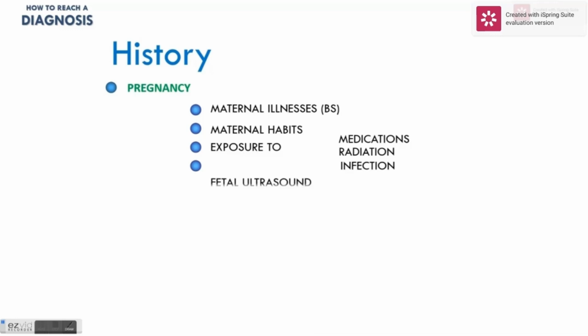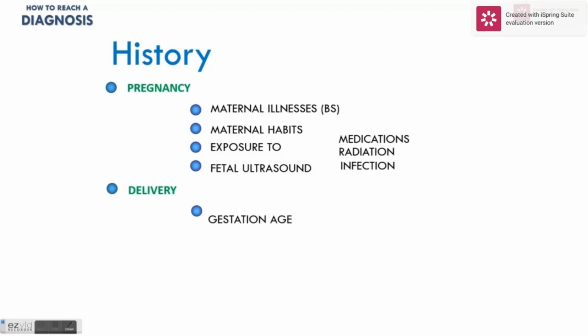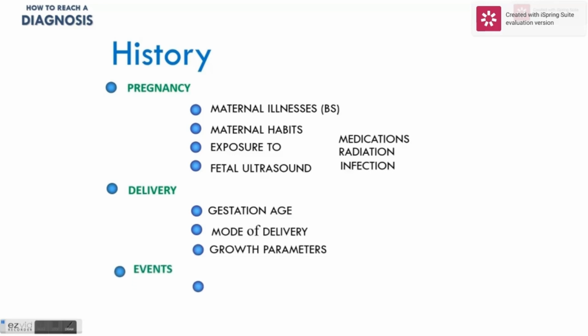cause congenital anomalies. You need to collect information about fetal ultrasound, how many are done, and what are the results, and why it was repeated. And the second part is the delivery, gestational age, mode of delivery, and the growth parameters. Apgar score. So you take the history as events.